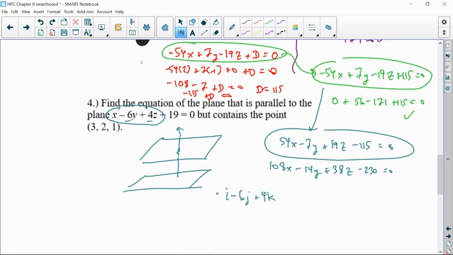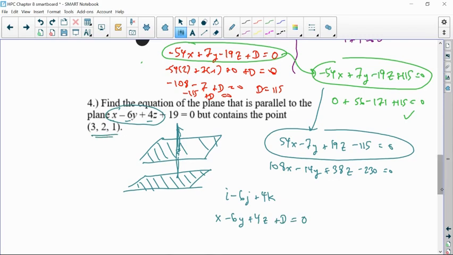And now I know that those coefficients that define the normal vector of the first plane will also be the same coefficients, that same slope, the same direction, of that second plane. So then I can just put it back into X, Y, Z. Now I need to pick a different D value, and this D value has to make sure I go through the point 3, 2, 1.